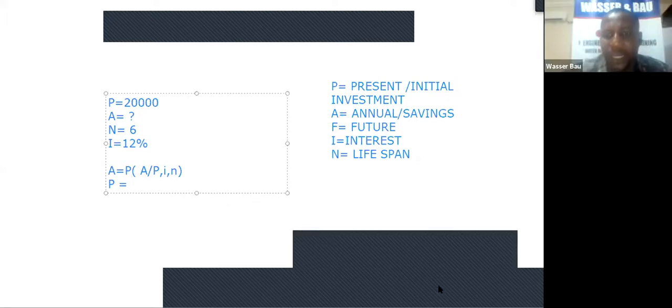In school terms, you'll be tempted to use this formula here. But as I said, no need for all this formula again. We are looking for A given P, so this is the formula. But instead of this formula, please use this one, which is what you can pick up from the interest table.